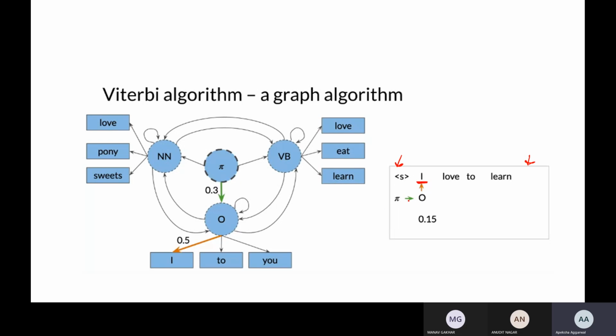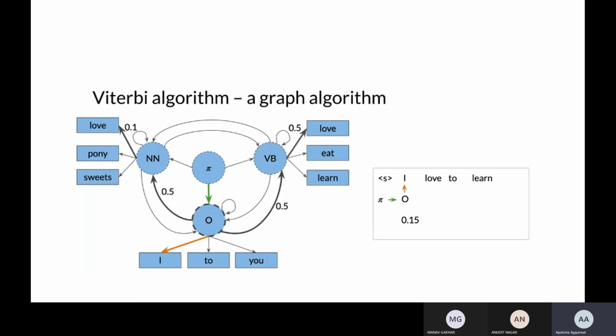So we have multiplied the transition probability and the emission probability, 0.3 into 0.5. So this is 0.15.